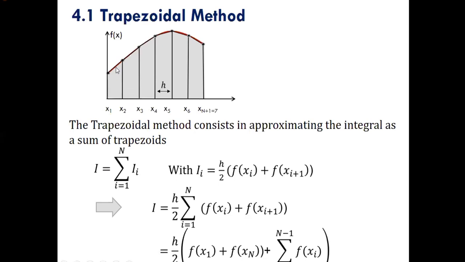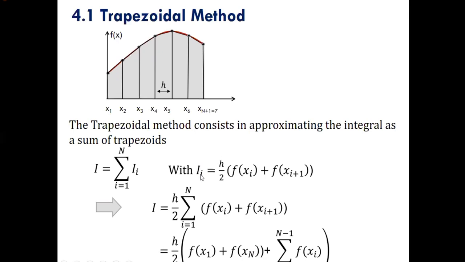The area of the trapezoid is 1/2 the sum of the two bases, f of xi plus f of xi plus 1, over 2 multiplied by the height.